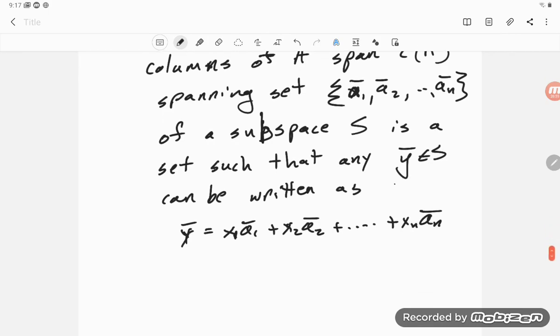If I can take any vector in S and write it as a linear combination of this set of vectors a1 to an, then we call that set a spanning set, or it spans the space.